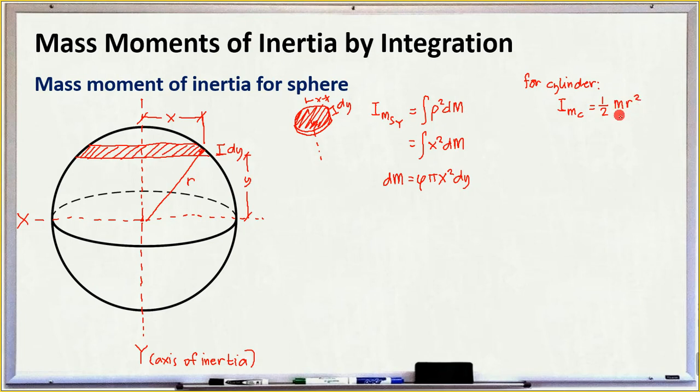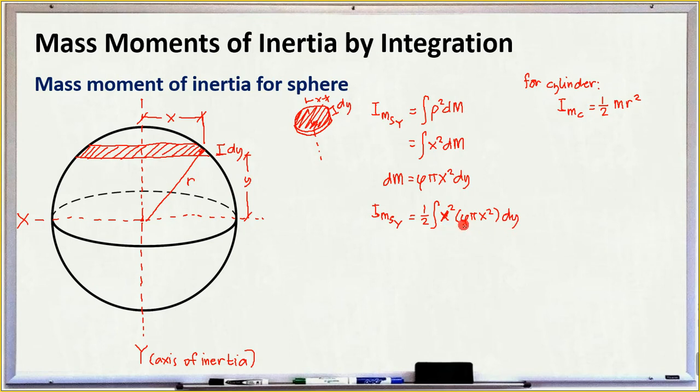So we're going to use this formula. Therefore, I_y of this sphere with respect to the y-axis is equal to 1/2 outside, the integral of its distance, again, don't forget, that is x squared, times its dm, which is density, pi x squared, dy.